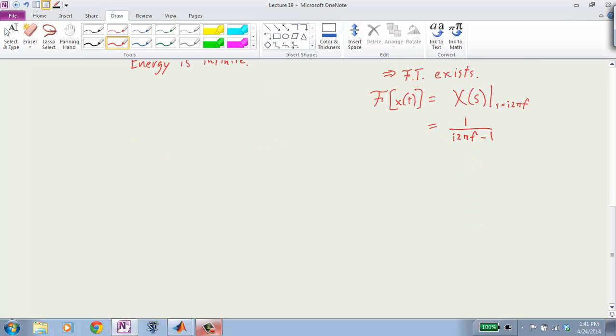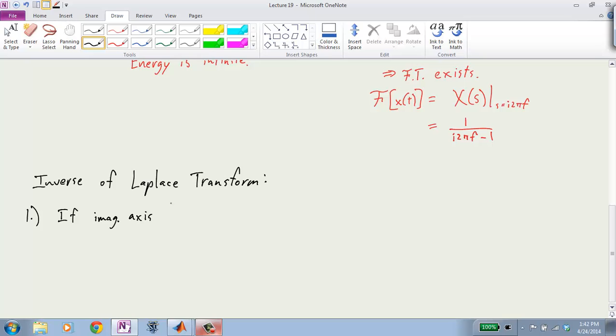Okay, so let's talk about the inverse of the Laplace transform. How do you invert this thing to get back your signal? So first of all, if the imaginary axis is in the region of convergence, then what could you do?